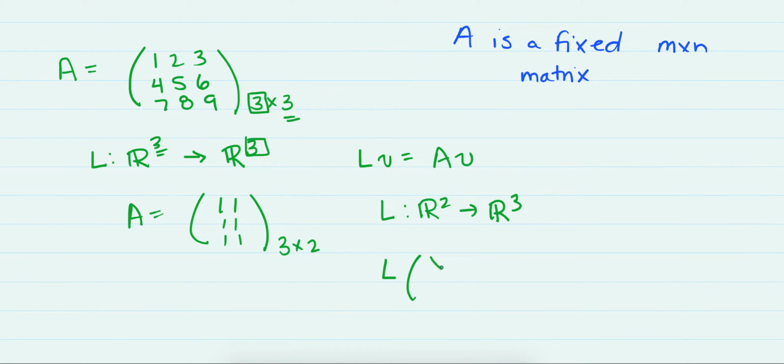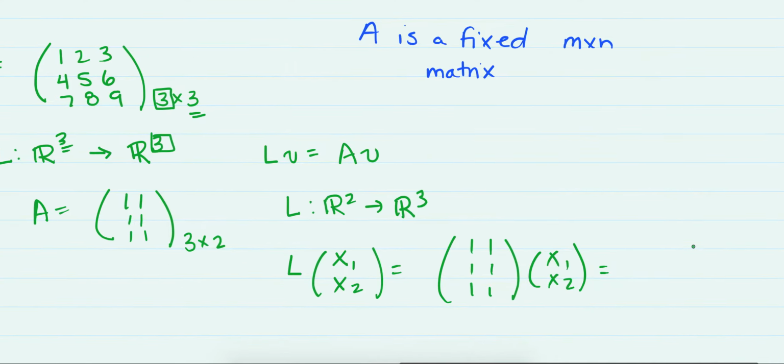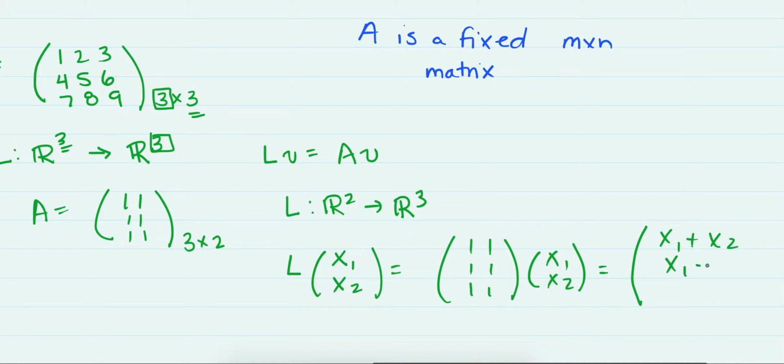We said that L of x1, x2 is the matrix of all ones times x1, x2, which is equal to x1 plus x2, x1 plus x2, x1 plus x2, and this is a linear transformation. So any matrix you want to think of, put whatever you want here. Or if you can find a linear transformation, you can tell me what this is, and I can find you a matrix that sends my vectors to that vector here.